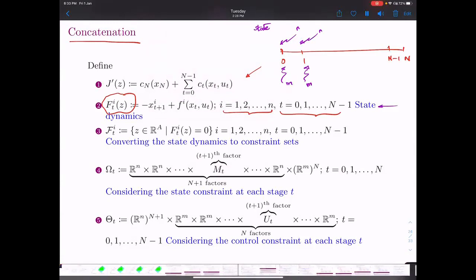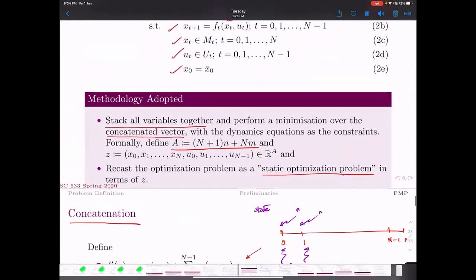Then we convert these state dynamics to constraints of this form. This is nothing but saying x_{t+1} equals f_t of x_t. So this is converting the state dynamics to constraint sets. So this is number 3. Then in the overall big picture, remember omega t, so now we consider the state constraint at each stage. Let's remember what Z is.